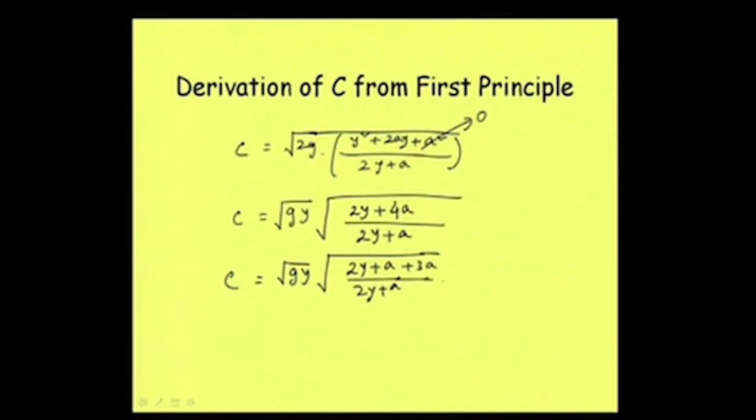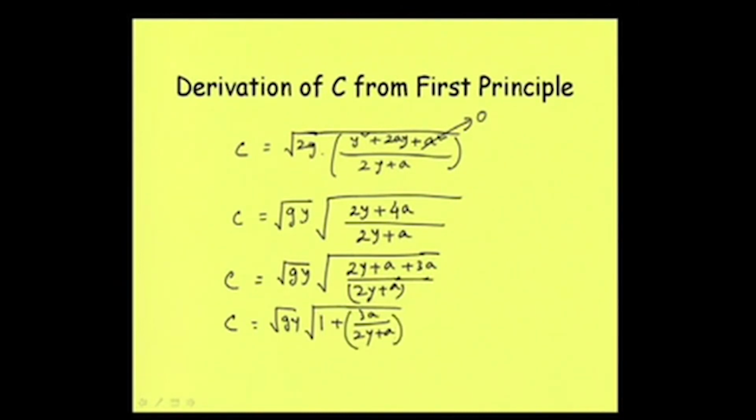So this twice y plus a by twice y plus a we can have 1, and this will become thrice a by this expression. And so let us write c is equal to root over g y, then root over 1 plus thrice a by twice y plus a.